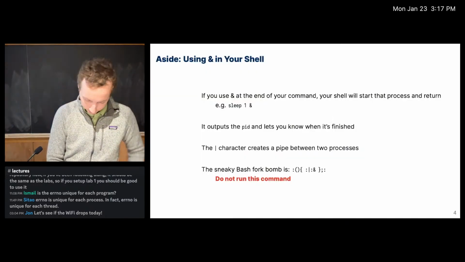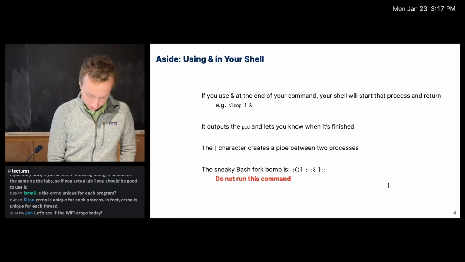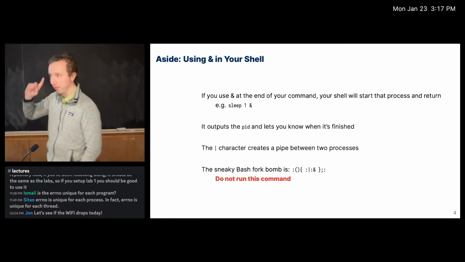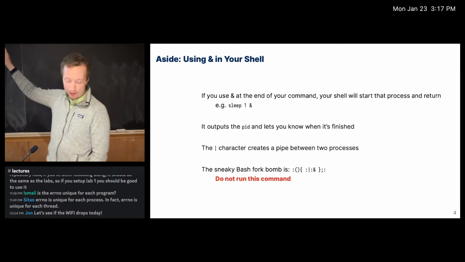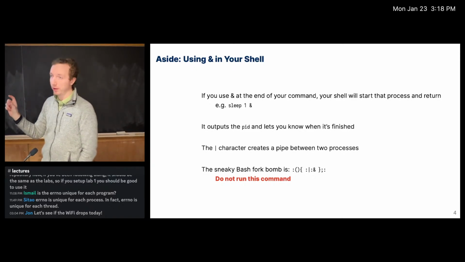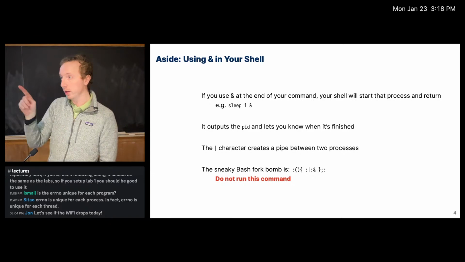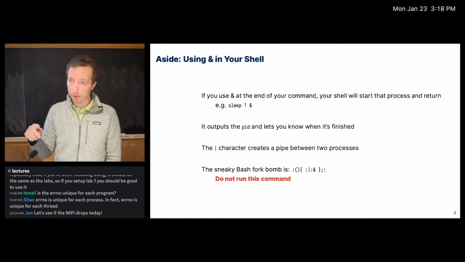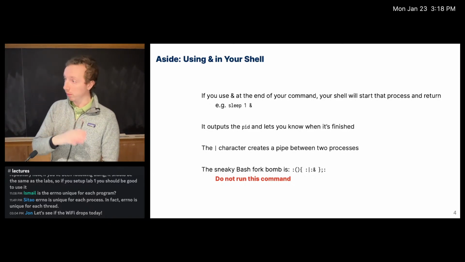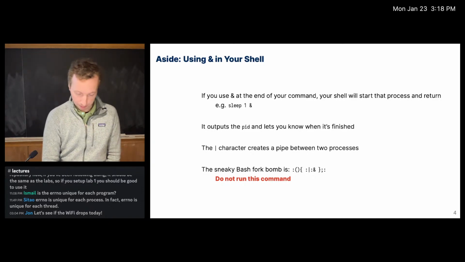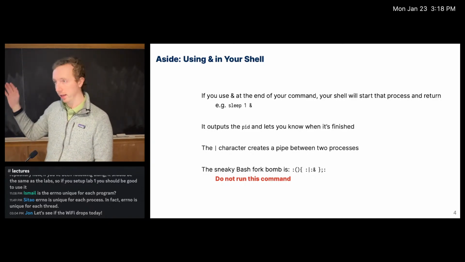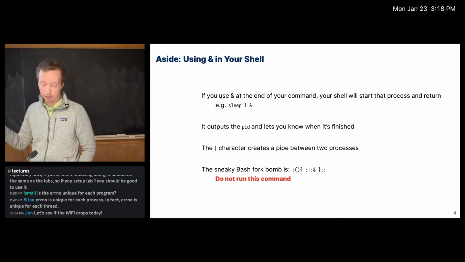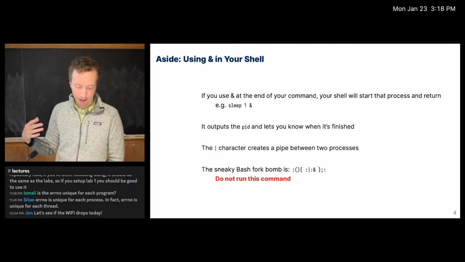What you can do with that is create a fork bomb. The pipe character will create a pipe between 2 processes where the standard out of one goes to the standard in of the other. So one writes to the write end of the pipe, which is whatever's on the left-hand side, and the other process reads from the read end, and it replaces standard in.